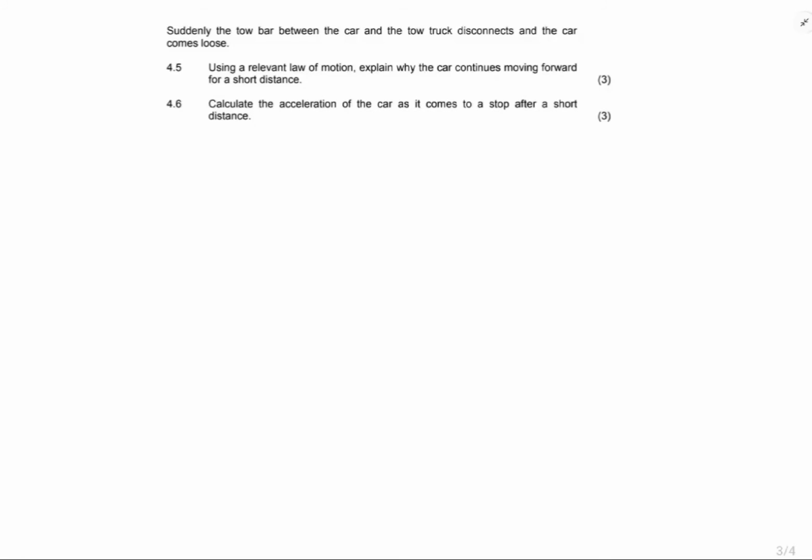Remember, when they say the relevant law of motion, they're giving you a hint. Is it the first law, second law, third law? It says continues moving forward a short distance, so it's definitely not the third law, and definitely not the second law. This is Newton's first law of motion.